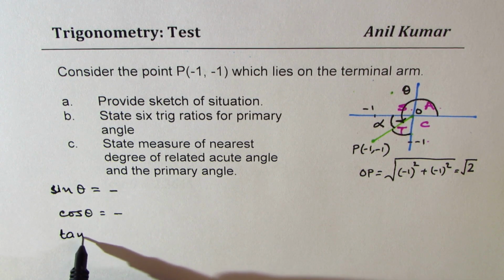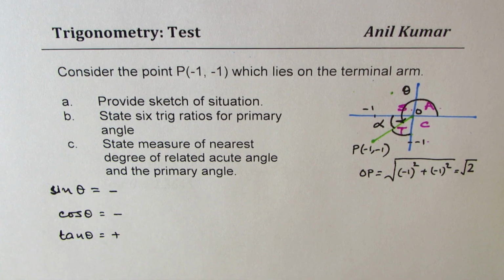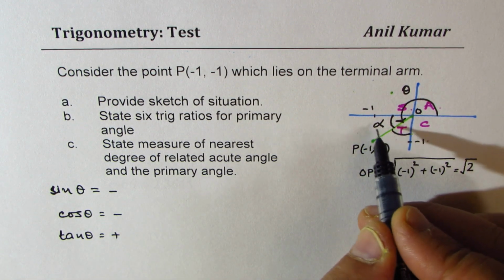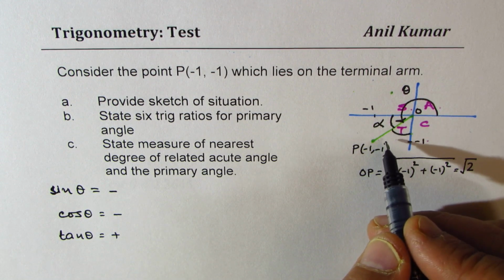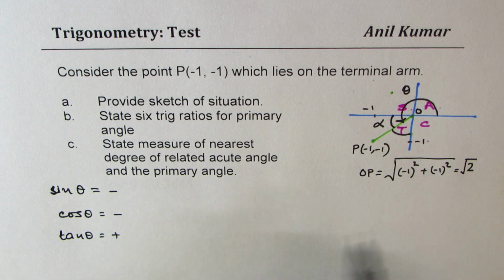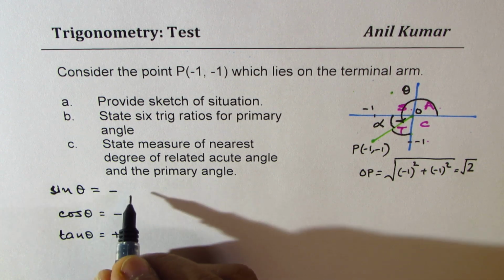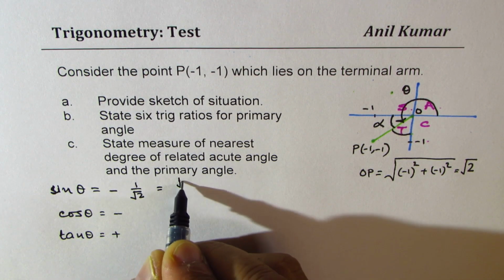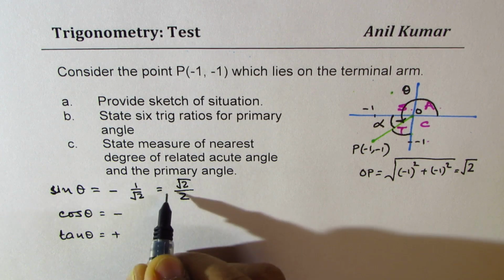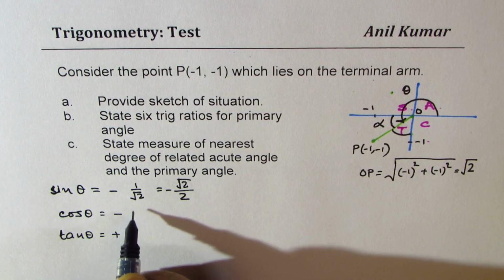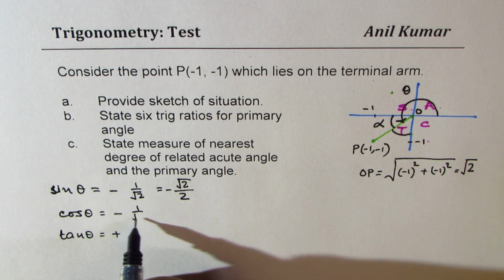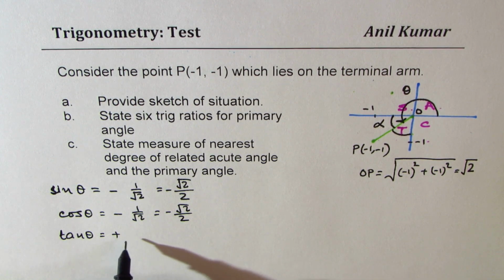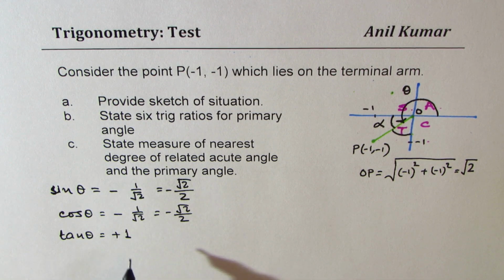However, tan theta is going to be positive. Now from this triangle, we know the sides are 1, 1 and the hypotenuse is square root 2. Therefore, the sine value is minus 1 over square root 2, which could be written as negative square root 2 over 2. Cos theta is also the same, minus 1 over square root 2 or negative square root 2 over 2. Tan theta is plus 1.